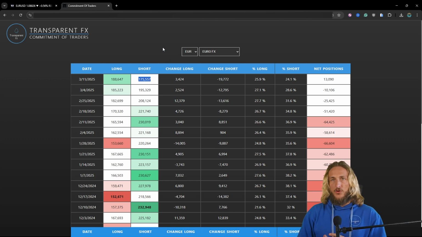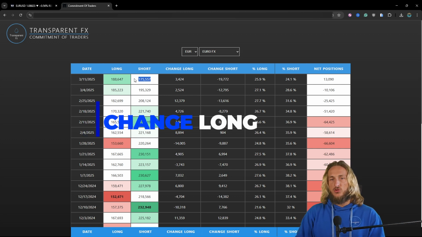So we had a clear inversion from institutions having more shorts than longs to now having the complete opposite, more longs than shorts. And institutions are still adding longs and closing shorts.